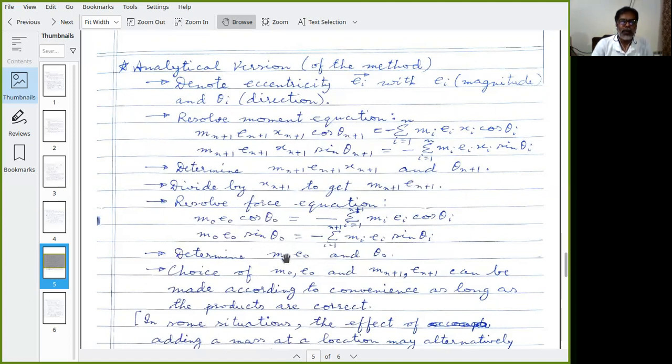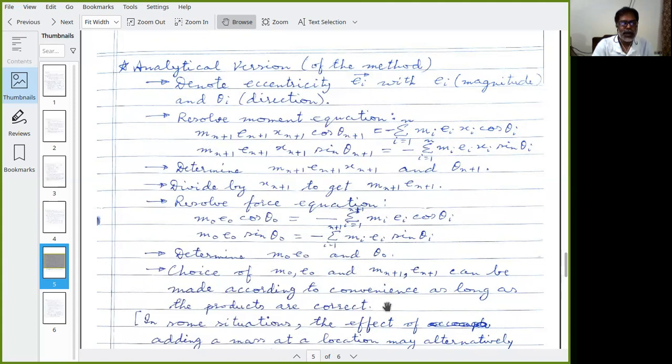Now how to factor this product into M0 and E0, that's up to you. In that plane, in that direction, whether you put a particular mass at a particular eccentricity or put half the mass at double the eccentricity, that's up to you, and up to convenience of adding mass. So this you can do.